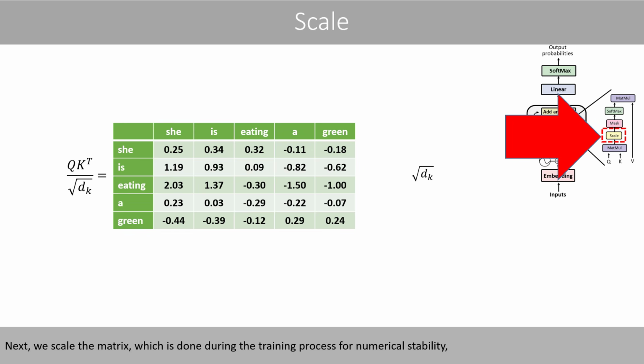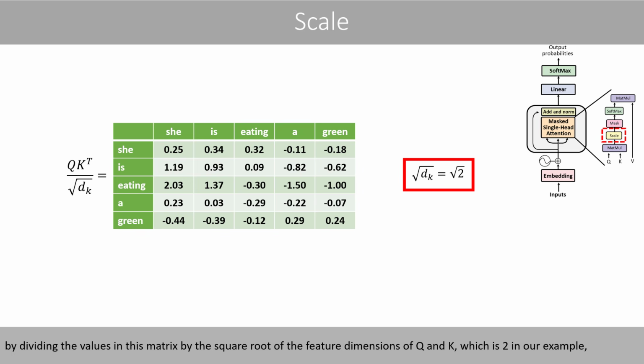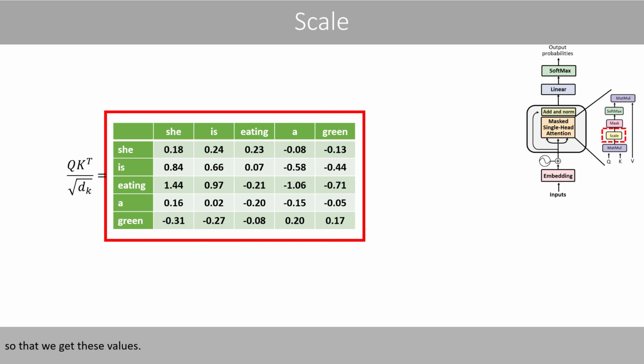Next, we scale the matrix, which is done during the training process for numerical stability, by dividing the values in this matrix by the square root of the feature dimensions of Q and K, which is 2 in our example, so that we get these values.